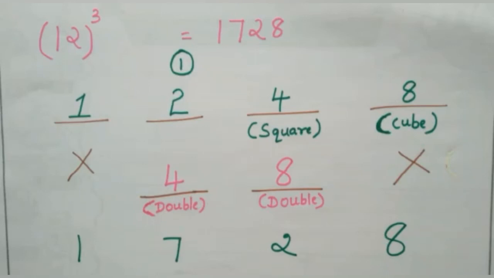That is how to calculate the cube number of any number having 1 in its tens place, that is 11, 12, 13. Alright. So see here I have given you the example of 12 cube. I know what is cube of 12? 1728.